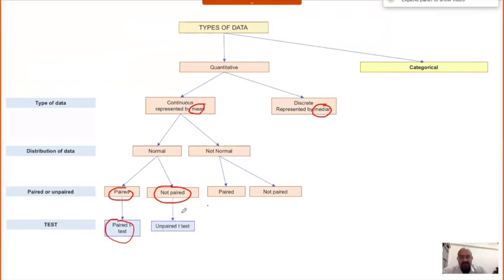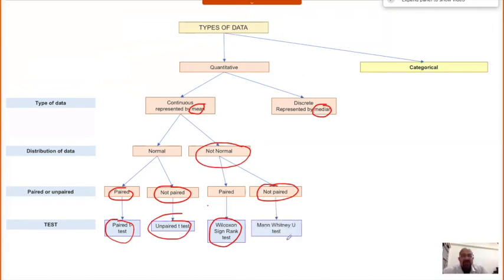If it is not paired, we use an unpaired t-test. If the data was not normal and it was paired, then we use the Wilcoxon signed rank test. And if it is not paired, similar to an unpaired t-test, then we use the Mann-Whitney U test, also called the Wilcoxon rank sum test. So don't get confused between the two of them.